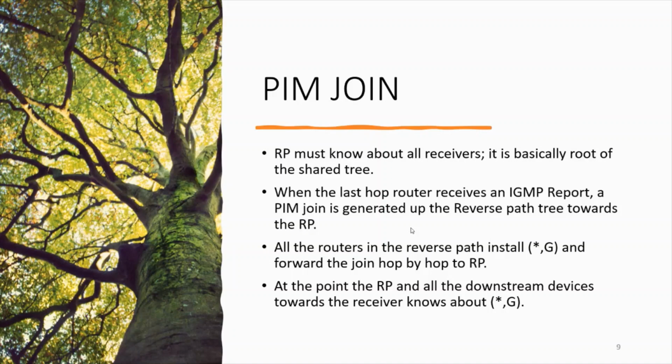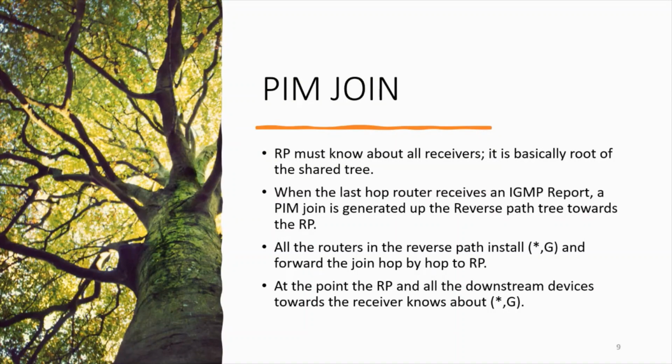From the receiver, it takes the path towards the RP, and all the routers in the reverse path install a star comma G entry in the routing table and forward the join hop by hop until it reaches the RP. At this point, the RP and all the downstream devices towards the receiver know about star comma G.